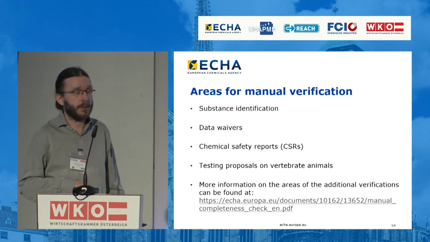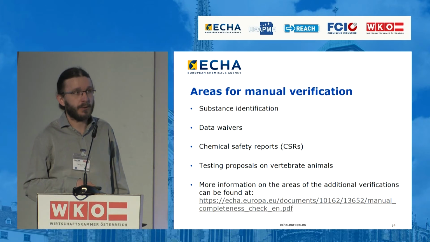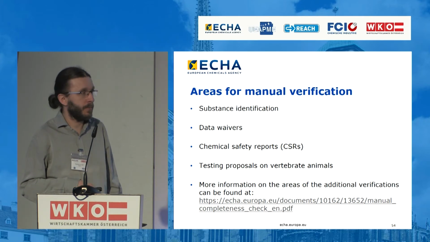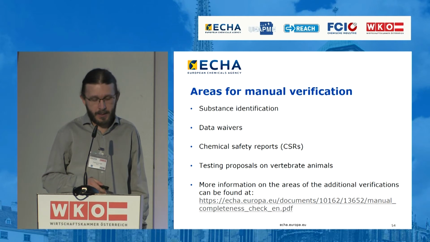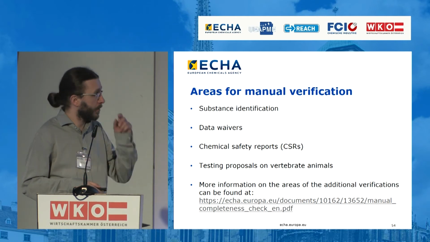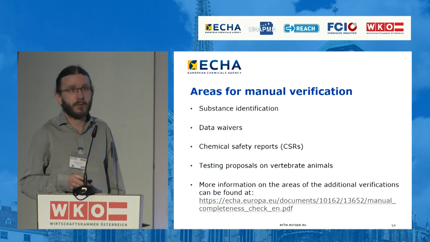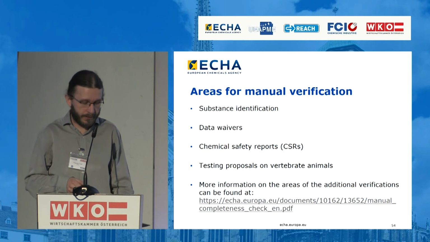Is the justification plausible? Then we also do some manual verification inside the chemical safety reports, and we verify that in case a testing proposal is made on vertebrate animals, all the justifications are available in the dossier. For more details, there is a document on the ECHA website where we describe a bit more the scope of the manual completeness check.